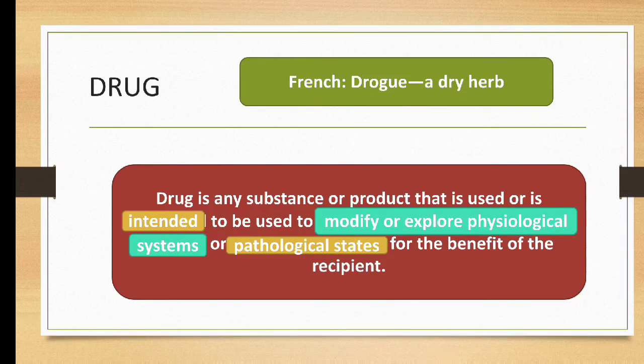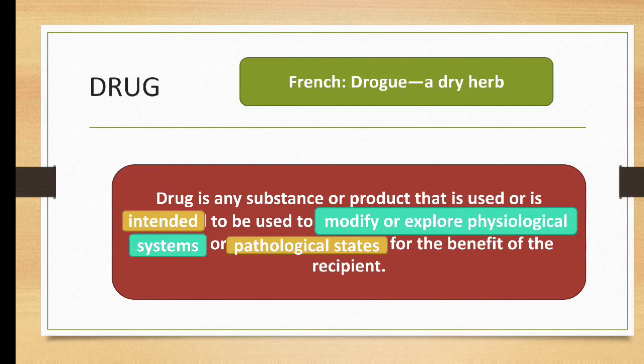Like take an example of oral contraceptives. Okay, I believe you people know that oral contraceptive is a drug, isn't it? You accept this thing. But why are oral contraceptives used? Oral contraceptives are used to prevent pregnancy. So is pregnancy a disease condition? No, isn't it?